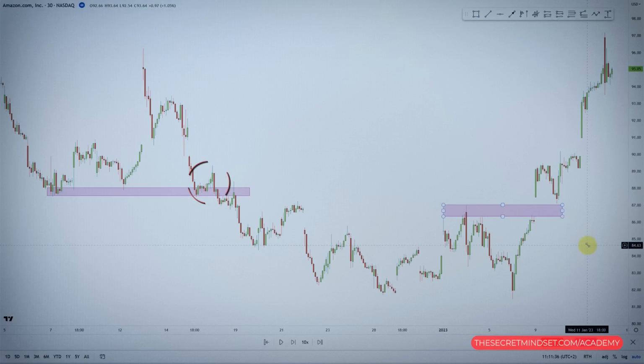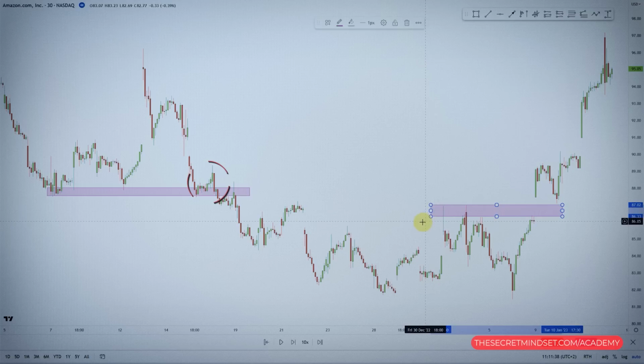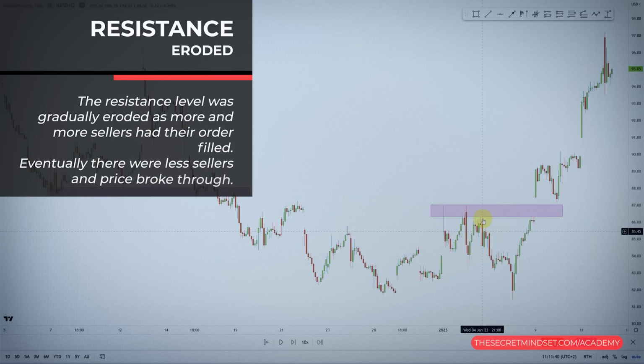And also look at this resistance level. The upper zone was tested several times, and sellers came in pushing the price down. This resistance level was gradually eroded as more and more sellers had their orders filled. Eventually, there were fewer sellers and price broke through.